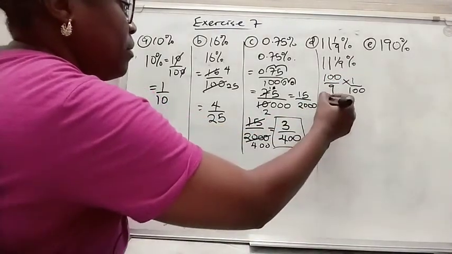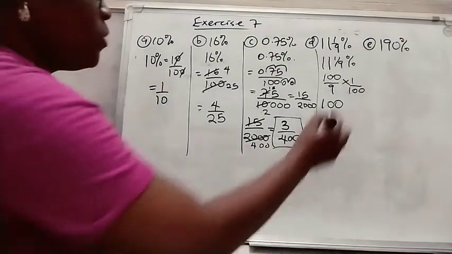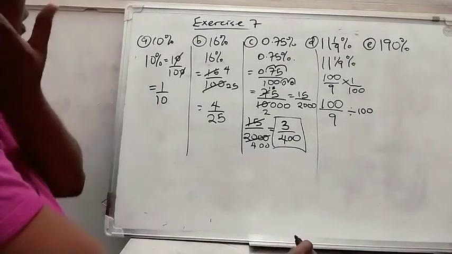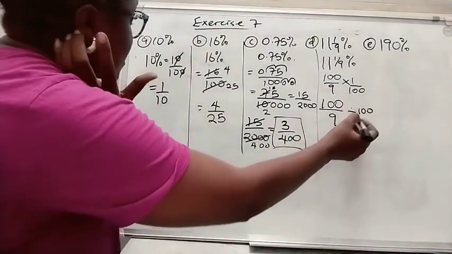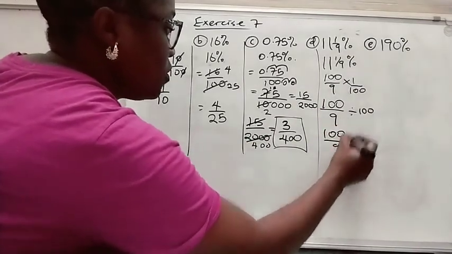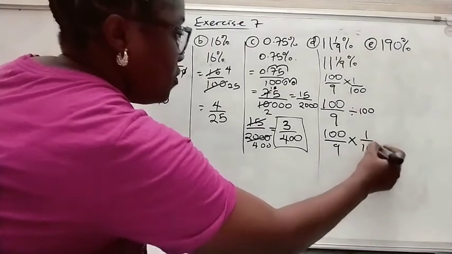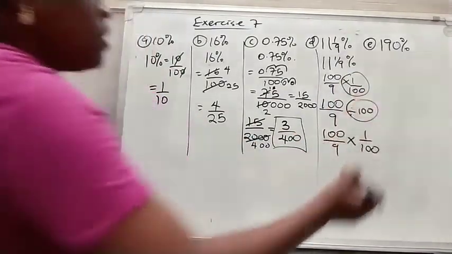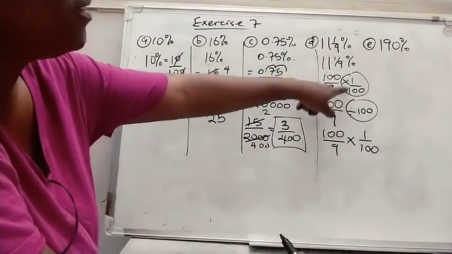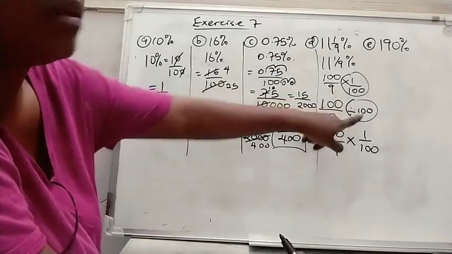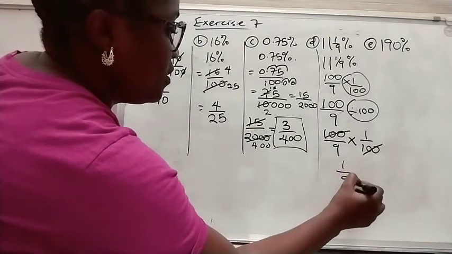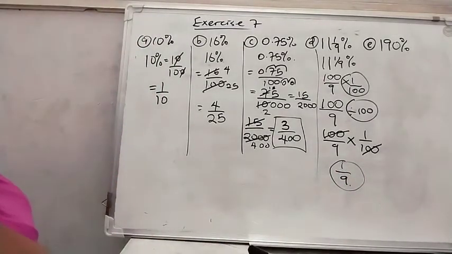Remember what I just did. I didn't do magic here. What I just did was this divided by 100. Okay? And then if we convert this, it will turn to 1 over 100. This and this are the same thing. Okay? A number multiplied gives us the inverse of the number divided. So this will cancel this, giving us 1 over 9. That's the lowest term.